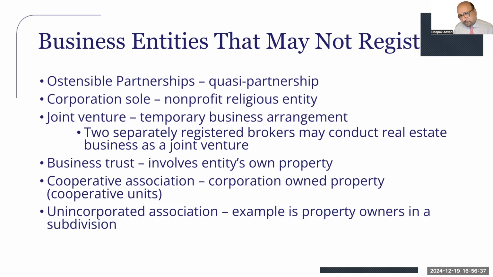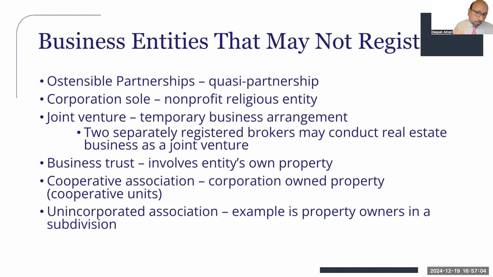If you're practicing real estate in partnership with another person in a joint venture, and you're collectively working together, but you don't have a legal agreement, legal arrangement between the both of you, but it may appear to the general public that you are partners. Now, that may not be a situation where you are allowed to register.